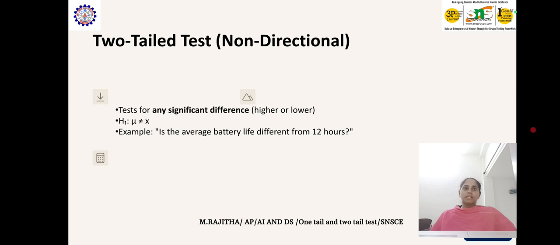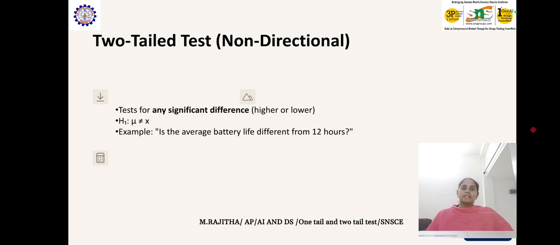For example, suppose a manufacturer claims a battery lasts 12 hours on average, and we want to test whether it differs from that. We use a two-tailed test. In this test, the total significance level is split evenly between the two tails of the distribution.